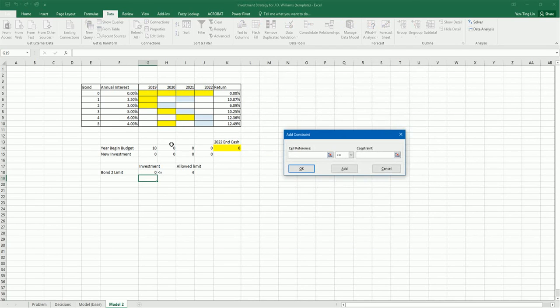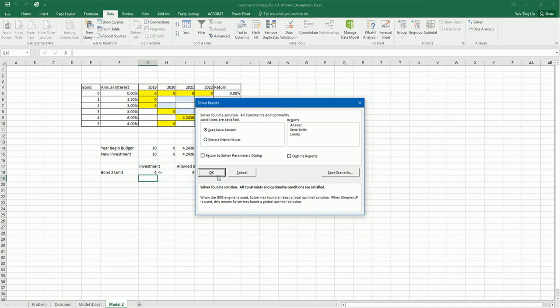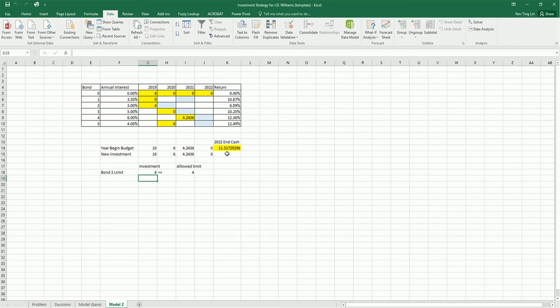Constraints, you just select this equal to this. Add, there's another one, bond 2 needs to be less than 4 over here. Check this box, Simplex LP, now solve it, same result. But now you can easily see what the resulting investment strategy is.